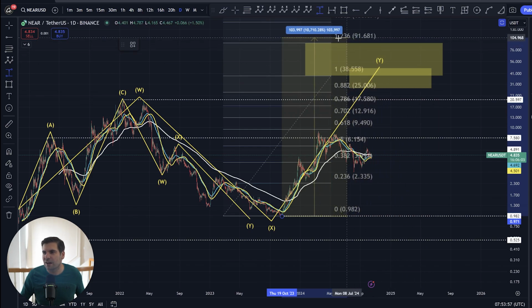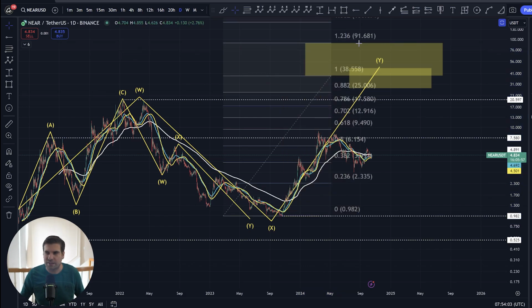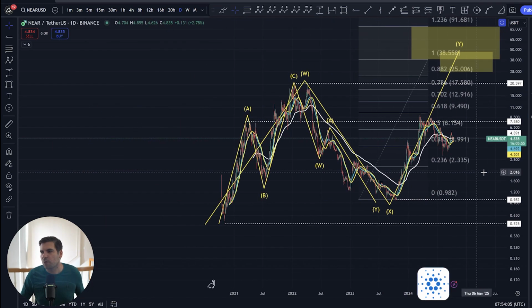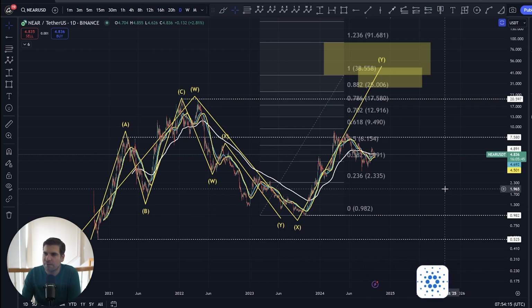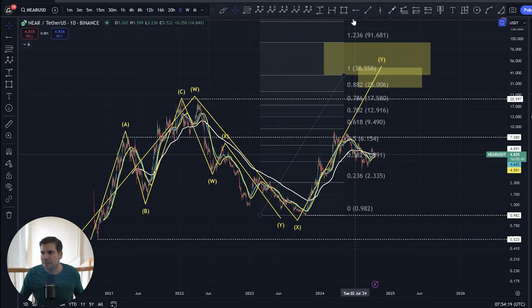If we're able to rally up to $91, that is going to be around 9,200%. So there's definitely some potential for some pretty lucrative gains, more than others. Some price predictions that I've done recently showed maybe just 2,000% gains. This one does look like from October lows, we could see some potential gains.